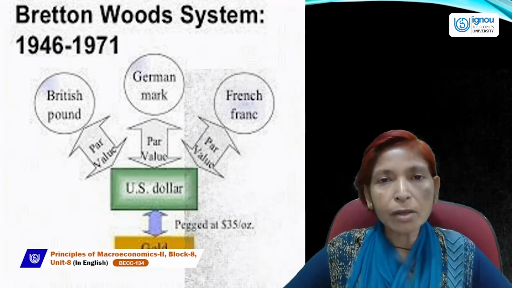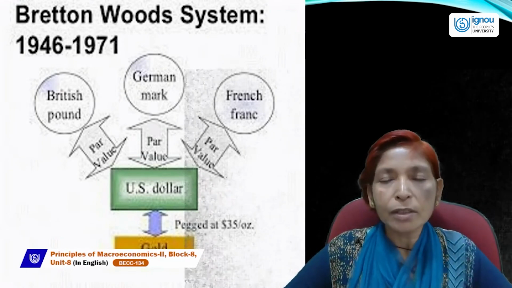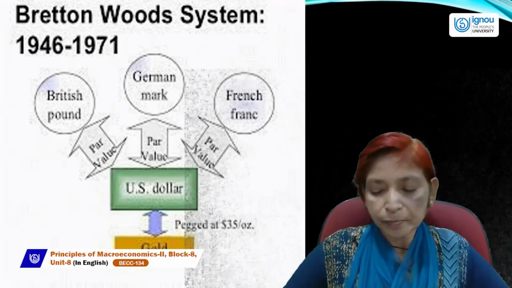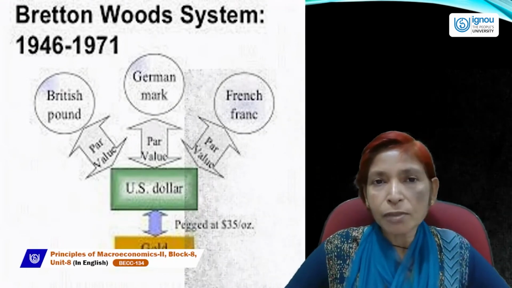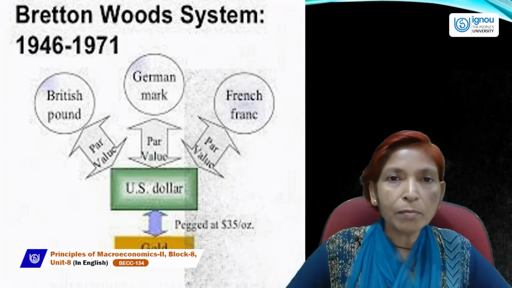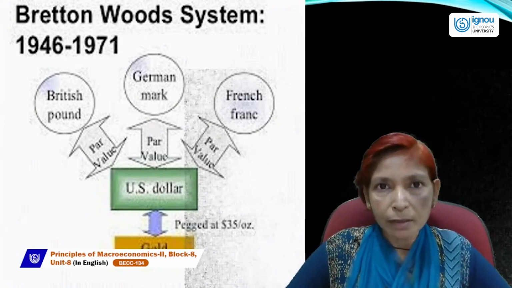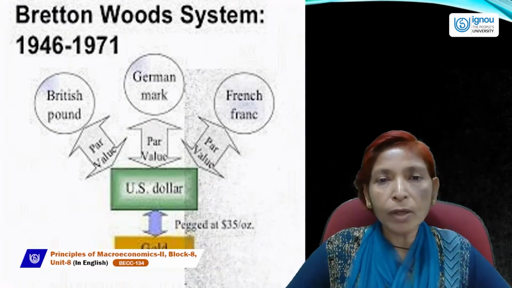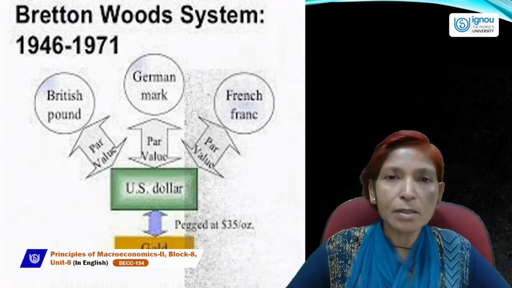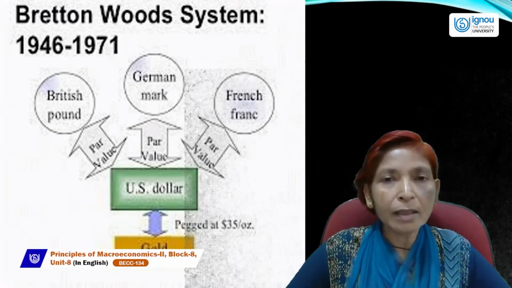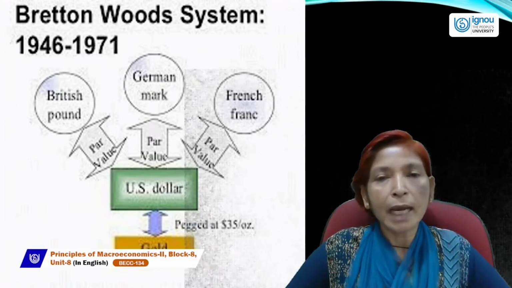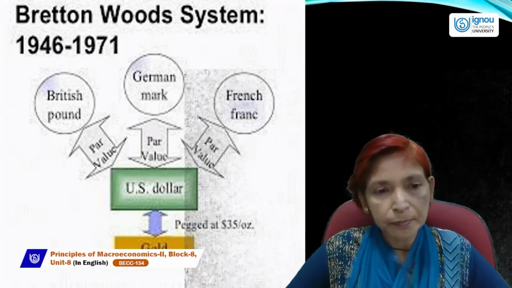That system is called the fixed exchange rate system, which is fixed by the government. Once it was fixed, you can't change it. Plus 1, minus 1 variation is possible, but you can't go beyond that. This is called the Bretton Woods system, which existed during the period of 1946 to 1971.